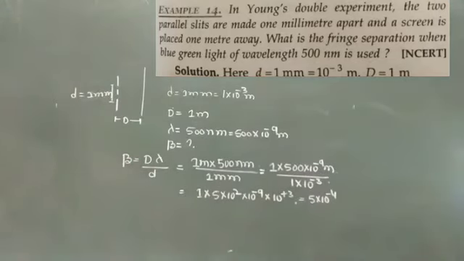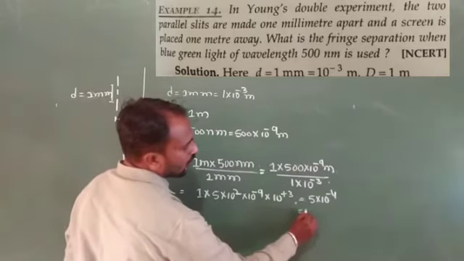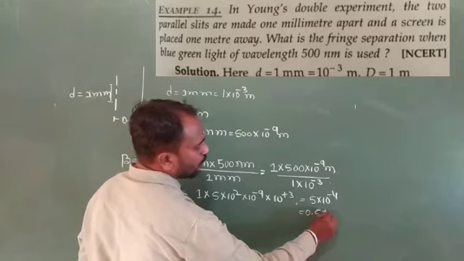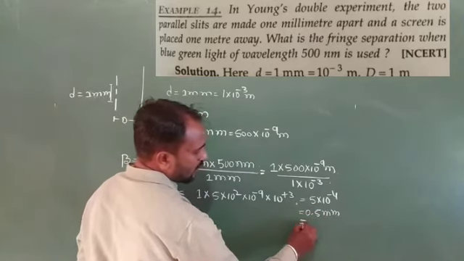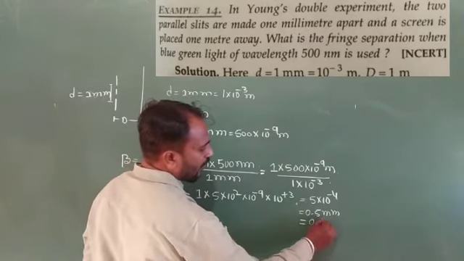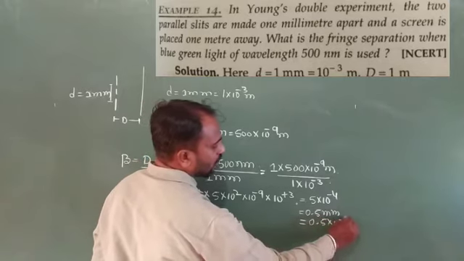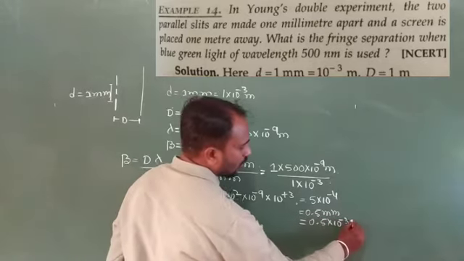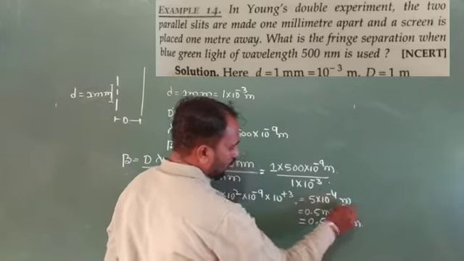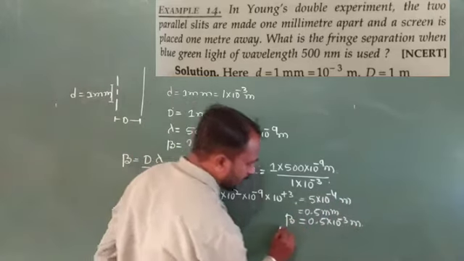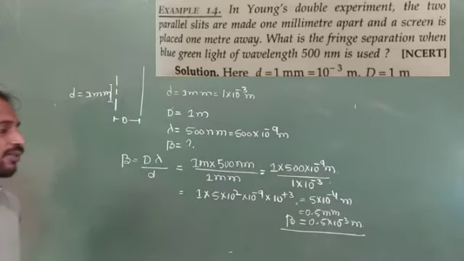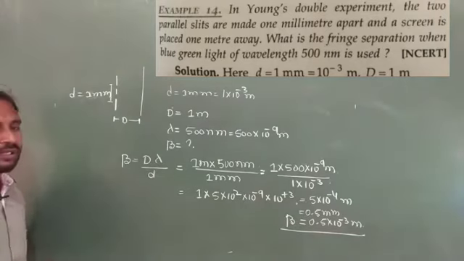Otherwise we can write it as 0.5 millimeter, which is 0.5 into 10 power minus 3 meter. So here we get the fringe width value. Beta is equal to 0.5 into 10 power minus 3 meter.